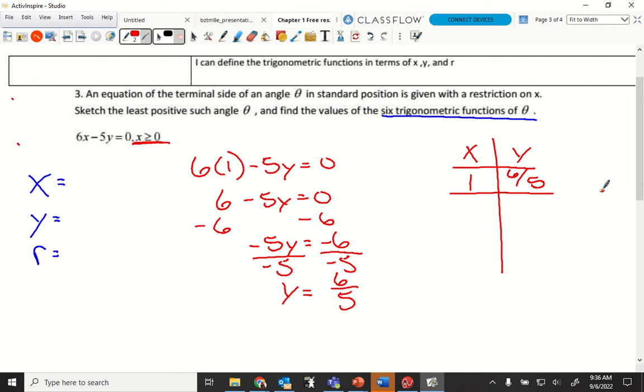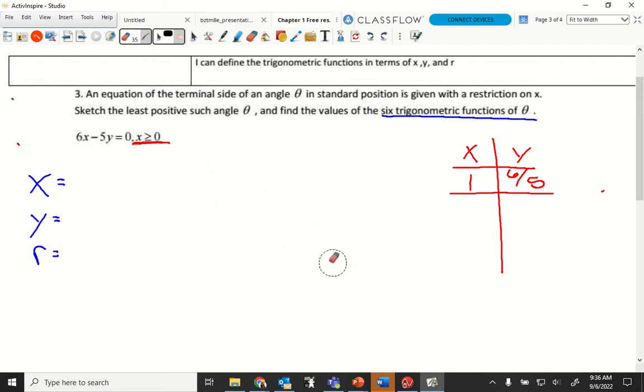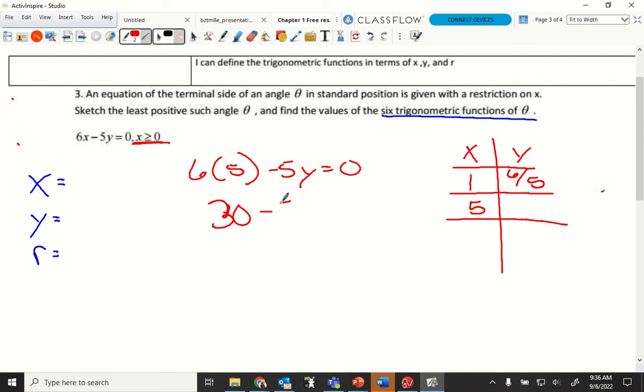So let's see. I'm going to erase what I have here. All right, let's see it. So 6 times 5 minus 5y equals 0. 6 times 5 is 30, minus 5y equals 0.